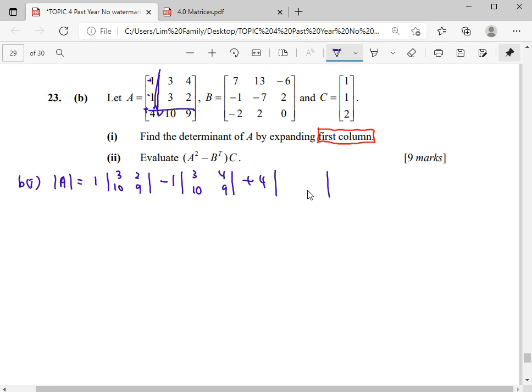When you're doing 3,1, your elements here are 3, 4, 3, 2. So we expand here: 27 minus 20, 30 minus BC, here 27 minus 40, here 80 minus BC, 6 minus 12. So it will equal negative 4.